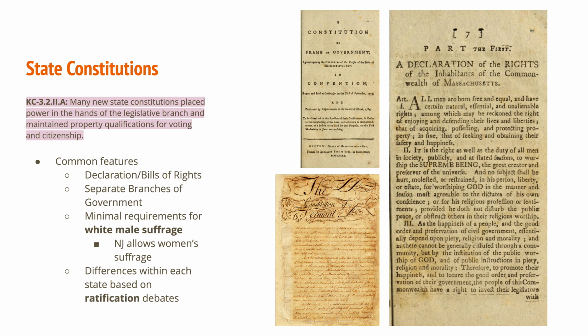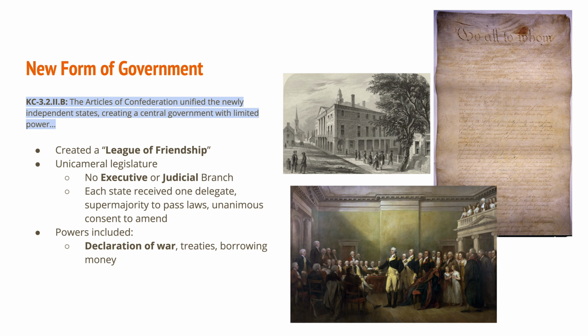Now, all of the requirements varied from state to state, and New Jersey even allowed women to vote up until 1807. There are going to be differences within each state constitution because each one had its own set of ratification debates, and the states themselves were different in character and culture, and so different things were important for them.